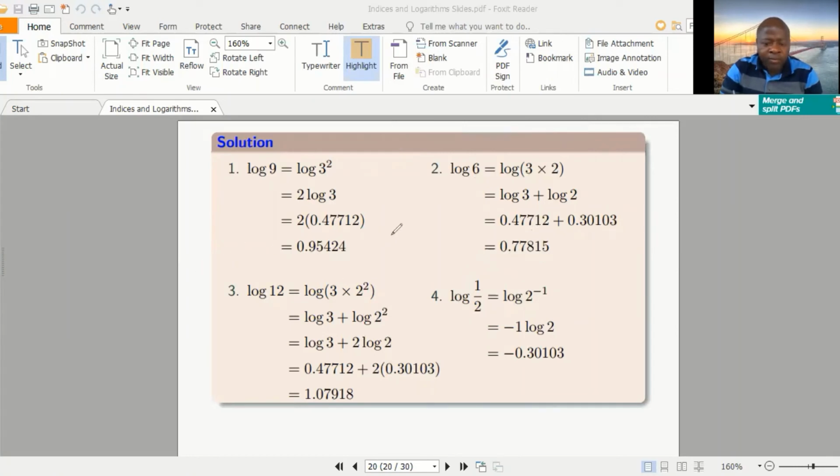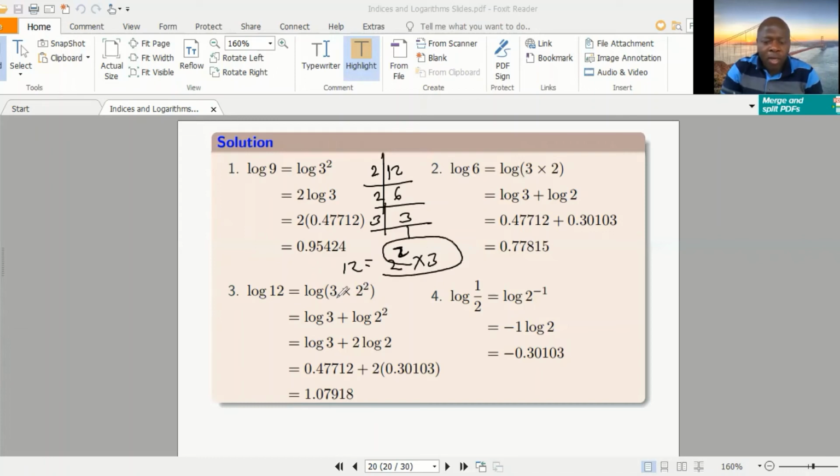Now what about 12? How do we write 12 in terms of either 2 or 3? Let me see 12. 2 would go here 6 times. 2 would go here 3 times. 2 would go here once. That means 12 is 2 raised to 2, times 3. So in other words, this is what I wrote. The log of 12 is log of 3 times 2 raised to 2.